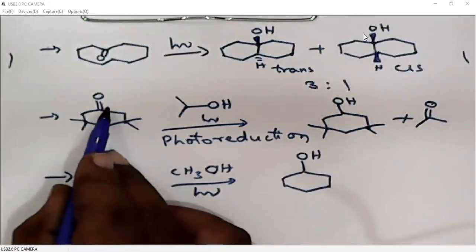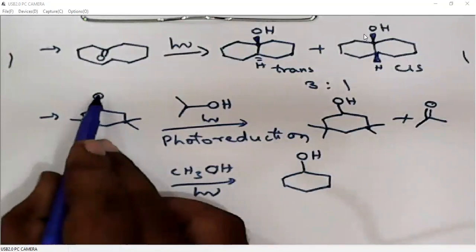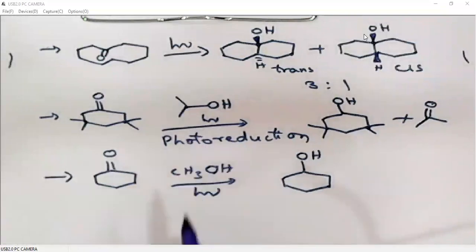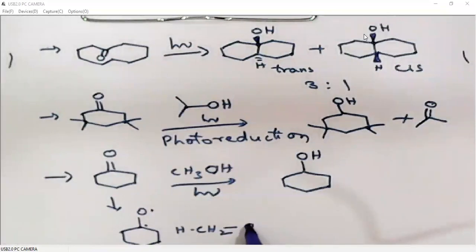In this case, this oxygen radical may pick up a hydrogen radical from alcohol. But in this case, what happens? I'll explain the mechanism and then I'll give the product. It picks up a hydrogen radical from the alcoholic carbon.